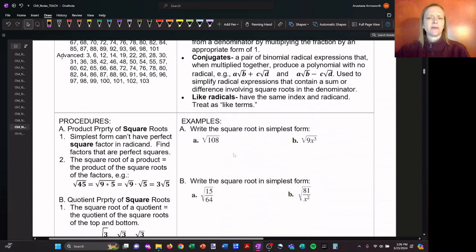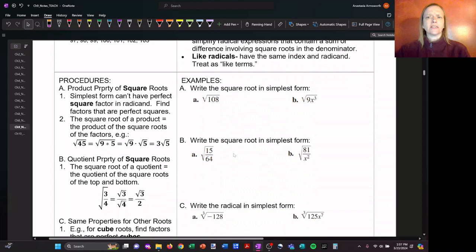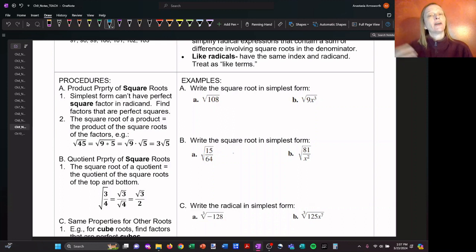So let's look at some examples here and how we write roots in simplest form. Here we're asked to take the square root of 108 and write it in simplest form. What we want to do is think, well, what are the factors of 108? Can we find any perfect square factors of 108 and remove them from underneath the root symbol?